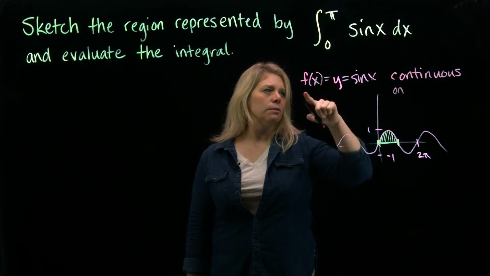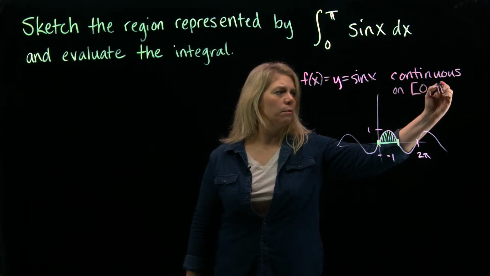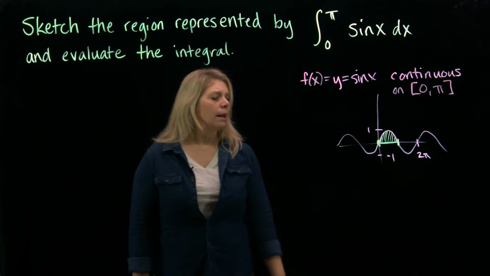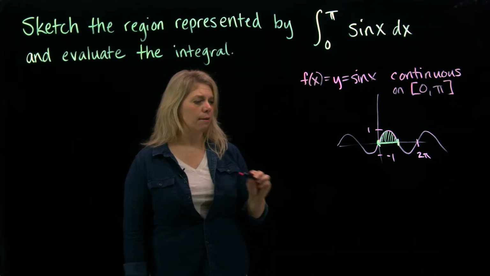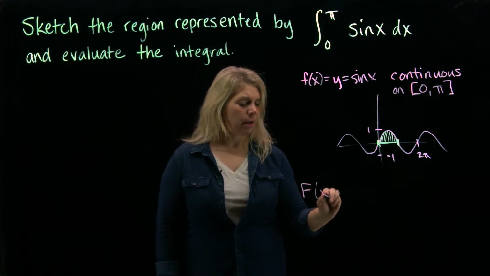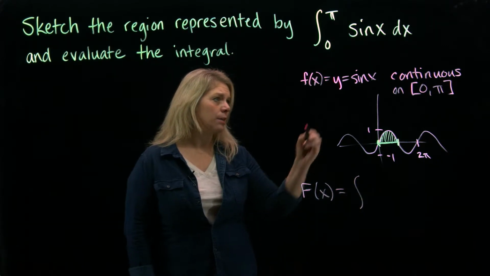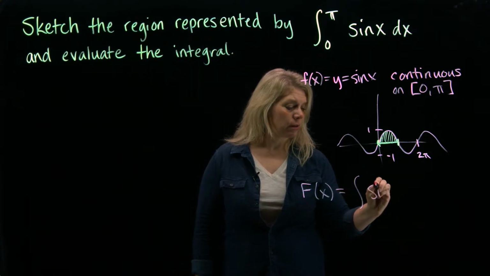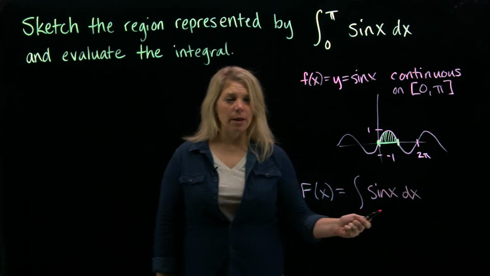And so we said this function is continuous everywhere, so certainly on that interval from 0 to pi. And I need capital F of x, which is an antiderivative of that little f of x. So capital F of x, which is an indefinite integral, an antiderivative of this function. Okay, so this should be one that you know.